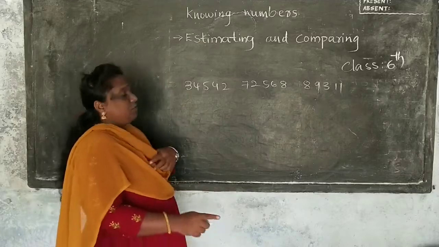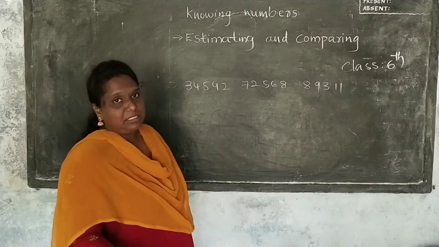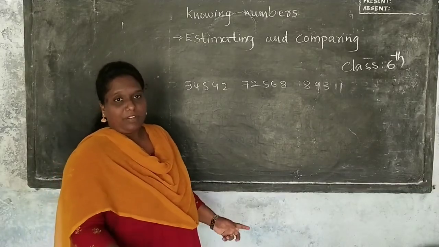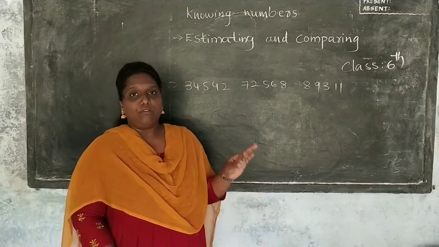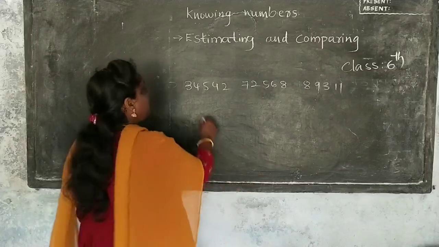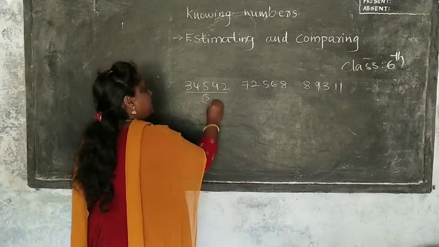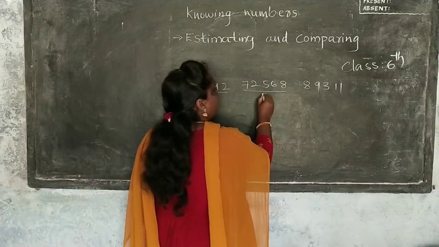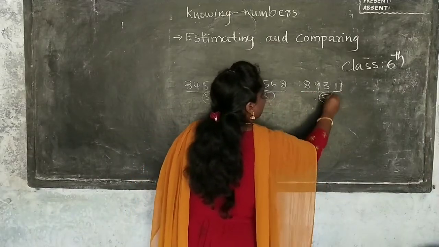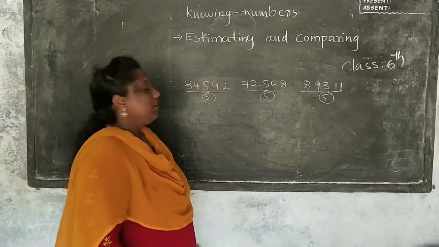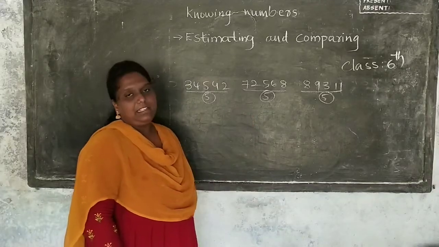See here. To compare the numbers, to estimate the numbers, the first step is to count the number of digits in each number. So here it is a 5-digit number, and here also 1, 2, 3, 4, 5 digits, and here also 5 digits. So totally all are 5-digit numbers.